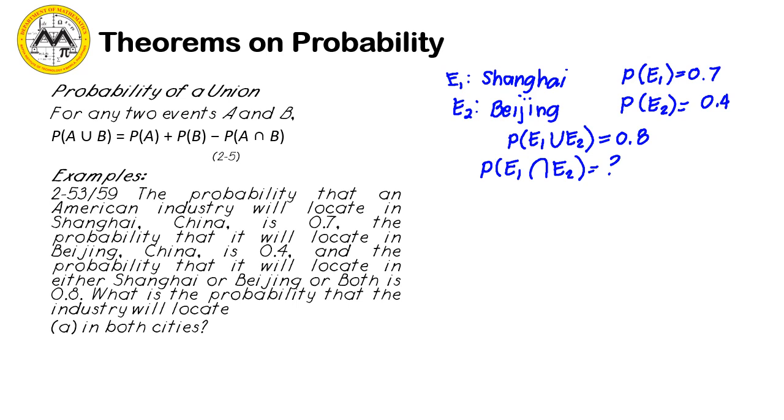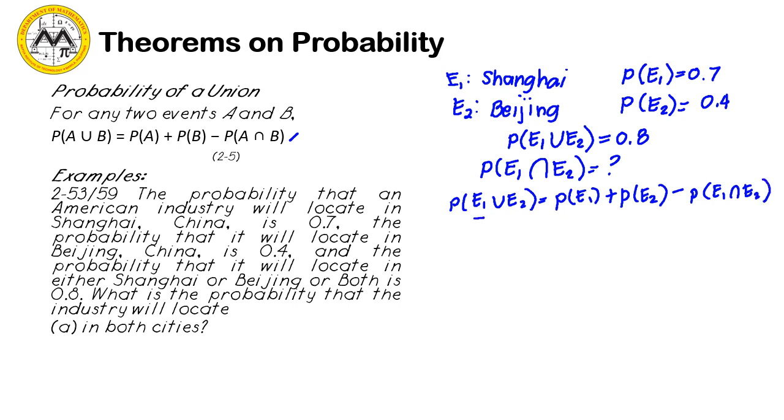So using this formula, the probability of event 1 union with event 2 is equal to the probability for event 1 plus the probability of event 2 minus the probability of event 1 intersection with event 2.